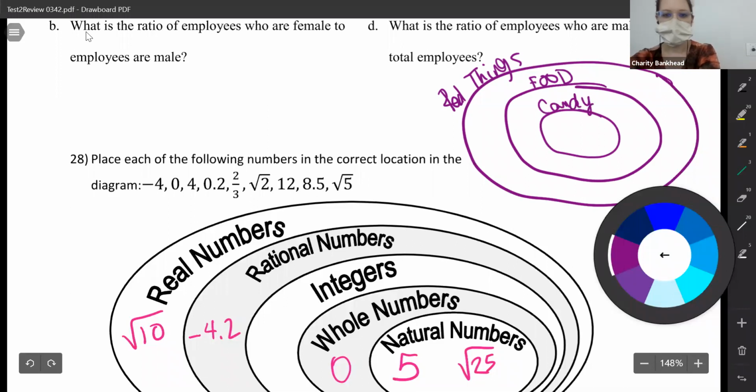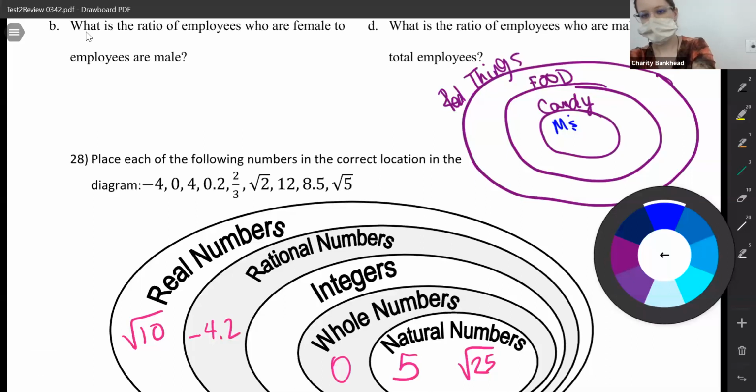Okay, so if I wanted to fill things into that diagram, I could put M&Ms in the center. Because M&Ms is a type of candy, but M&Ms could also be considered a type of food, and it's also a real thing, right?